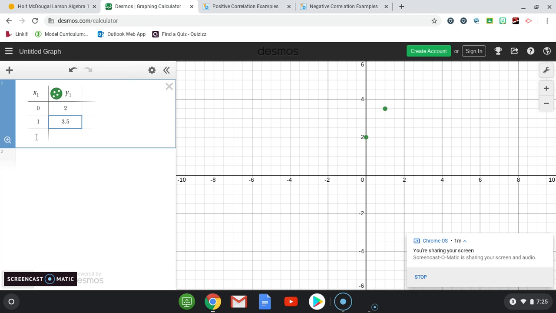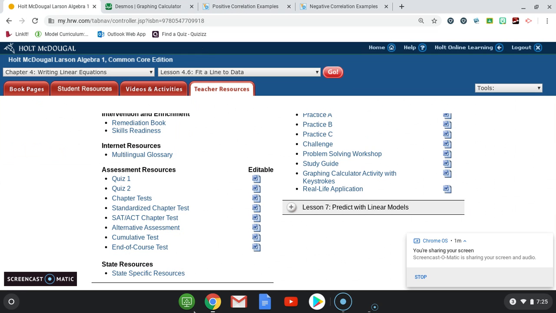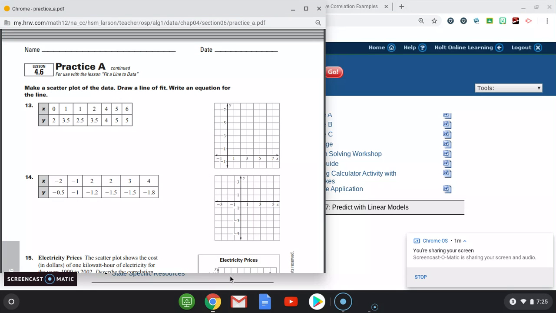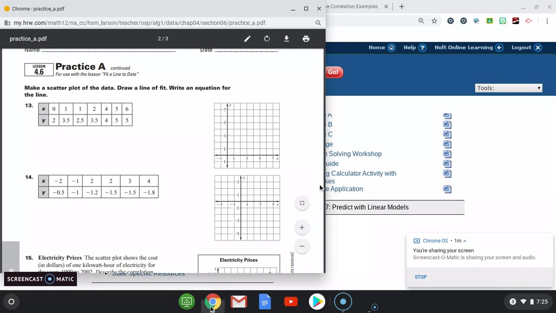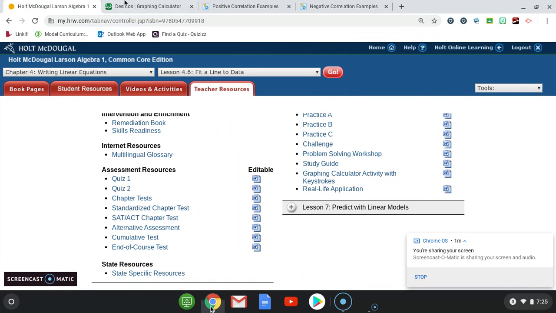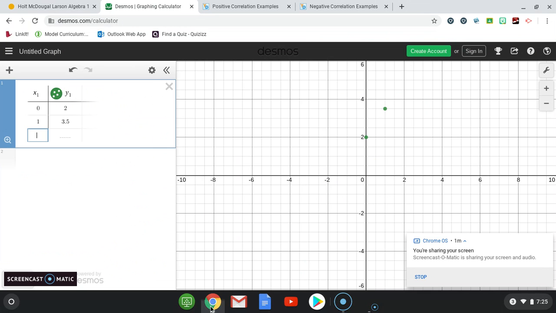If you hit the tab button, it goes over to the Y. And if you hit enter, it goes down to the next one. This is going to be a pain. Back to here again. 1, 3.5, 1, 2.5, 2, 3.5.